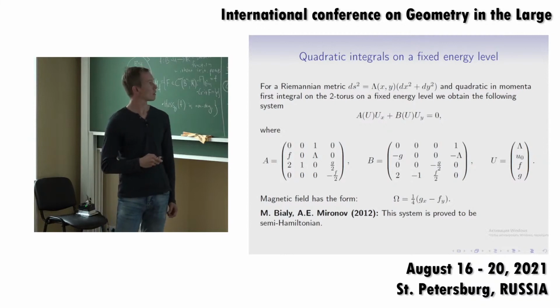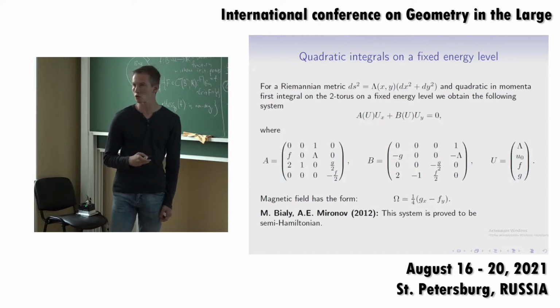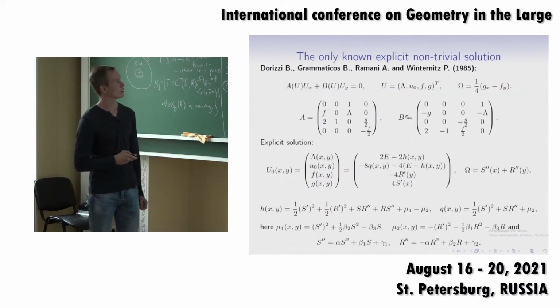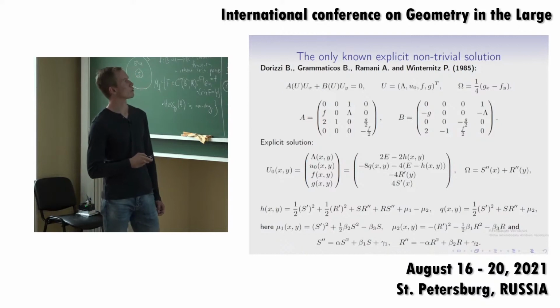The main point is that this system admits a rich family of global analytical solutions which live on the two-dimensional torus. Some of these solutions can even be written down in explicit form, and they can be obtained from the work of these four authors.